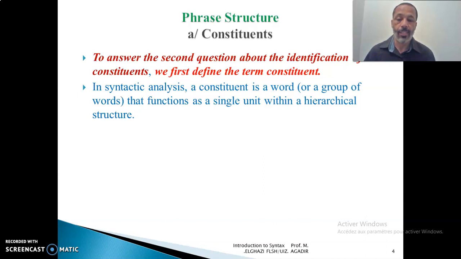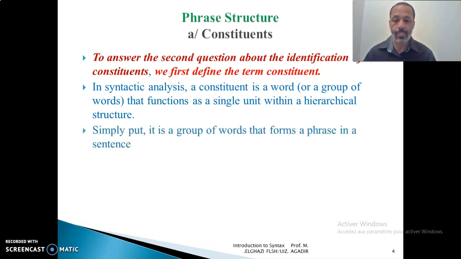So a constituent can function as a subject, or as an object, or as a modifier, or complement, subject complement, object complement. It depends. These are the syntactic functions that we have seen before. So a constituent, by definition, is one word or a group of words that fulfills a syntactic or grammatical function.